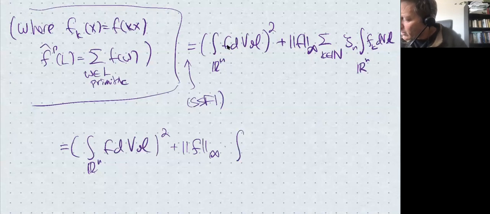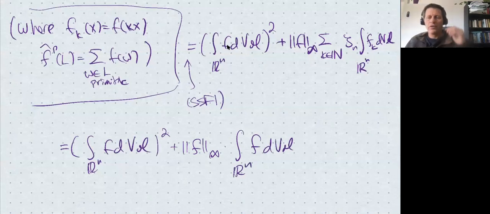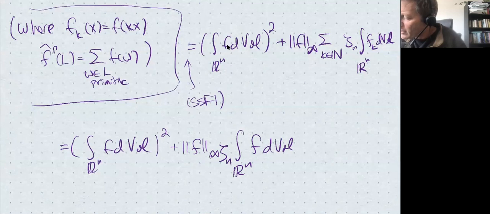And now I'm going to pull out the integral. I'm going to pull out zeta n, and I'm going to pull out the integral of the original f with respect to Haar measure. And then in this integral, which is an integral with respect to Rn, I'm making a change of variables.